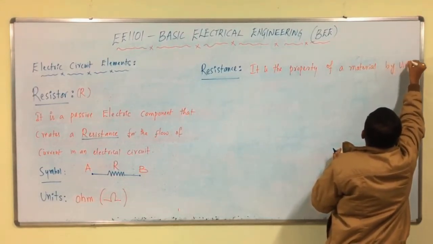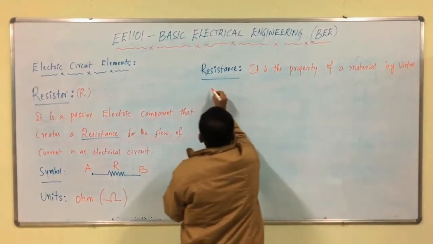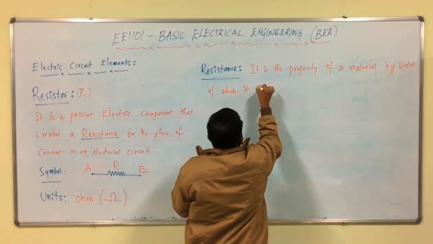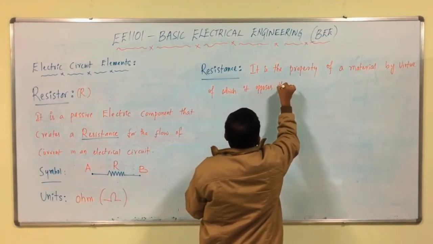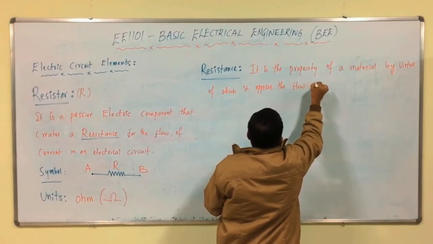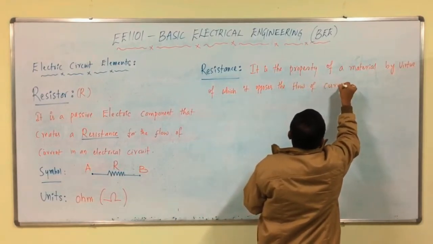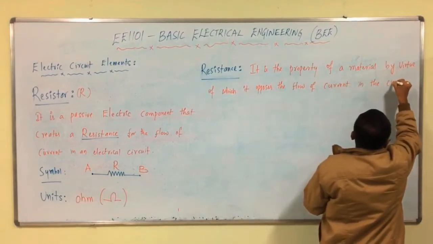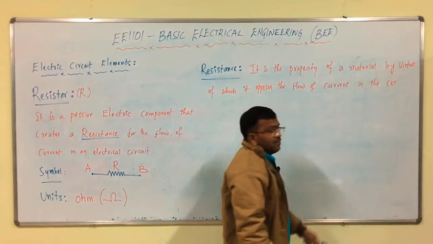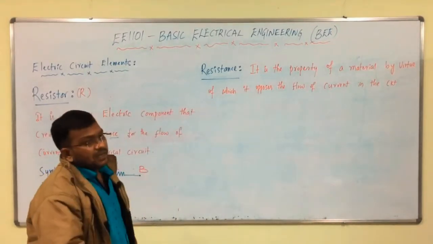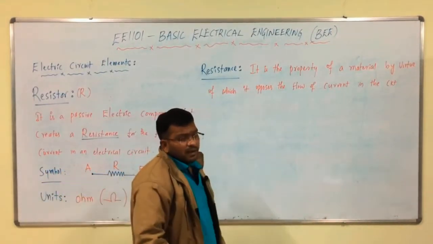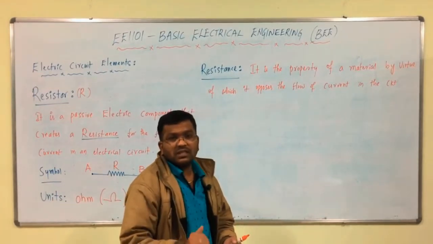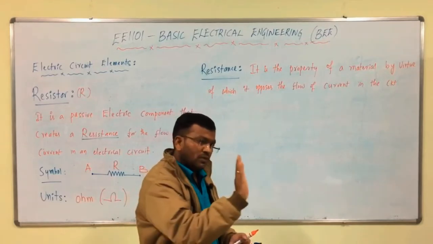Simply, the main function of resistance is that it has to oppose the flow of current.